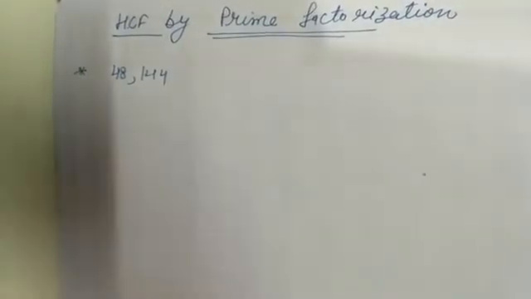Again repeating, prime factorization means writing a number as a product of its prime factors. We find the prime factors, then go for the common factors, then the HCF. Okay, let's start this question. Find the HCF of 48 and 144 by using the prime factorization method.